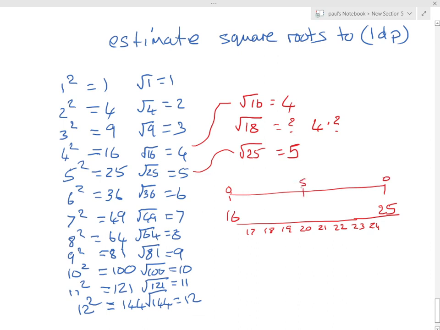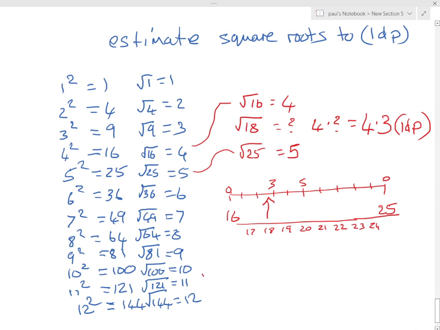So that would be 16.5 in the middle, and 16.1, 2, 3, 4, 6, 7, 8, 9. So we've made the difference between the two squares that we know into like the decimal place. So 18 is here, and the nearest one maybe is this one, 3. So the answer there is going to be 4.3 to 1 decimal place. That's how you do that.